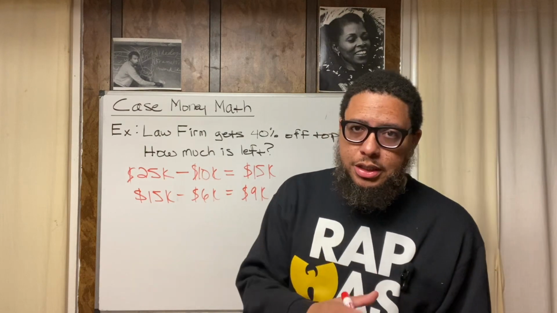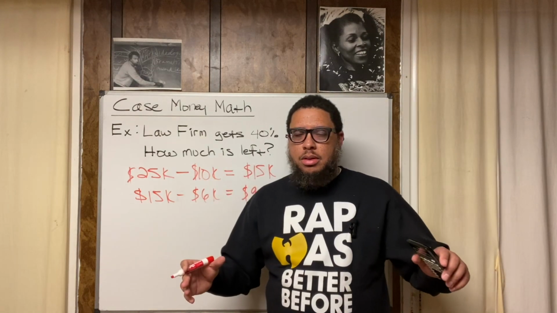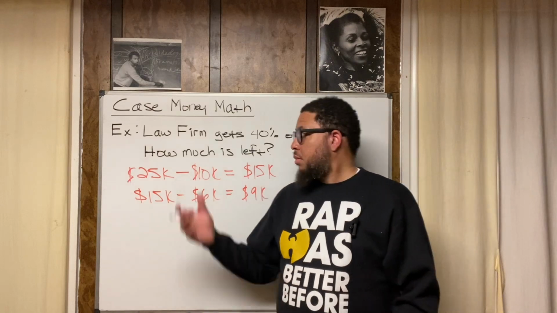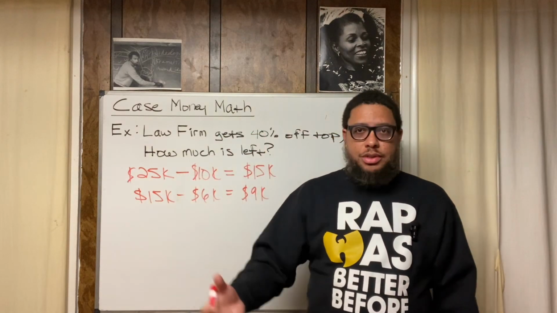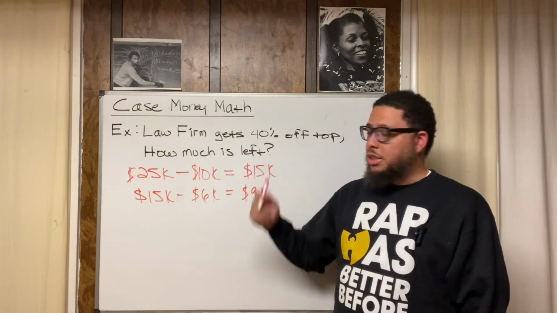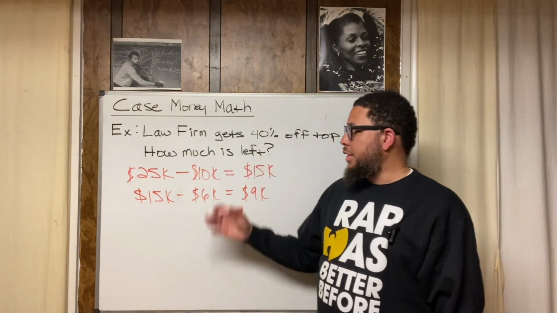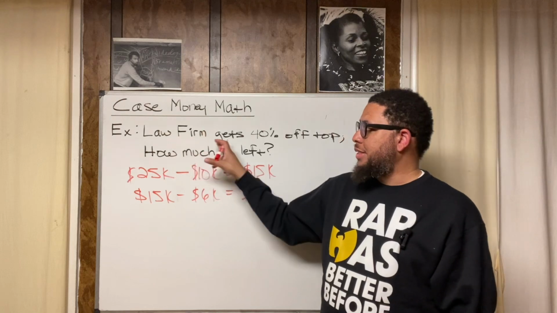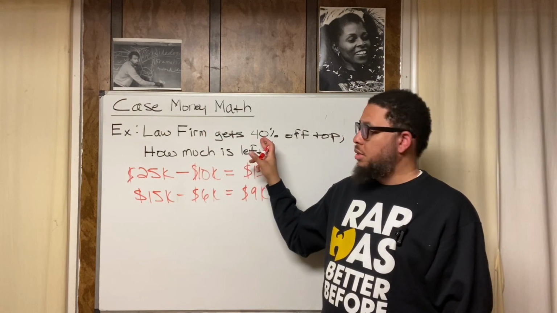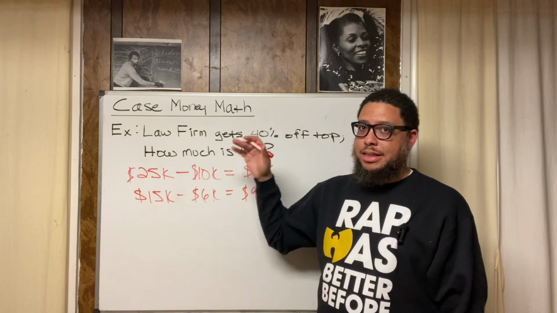Because when we deal with percentages, the entire pie, since a percentage is basically another way to represent a fraction, right? The entire pie is 100. So the difference between 100, which is the whole thing, and 40 is 60%. So that means that the amount that the law firm is not going to get is 60%. They get 40, that means they're not getting 60.